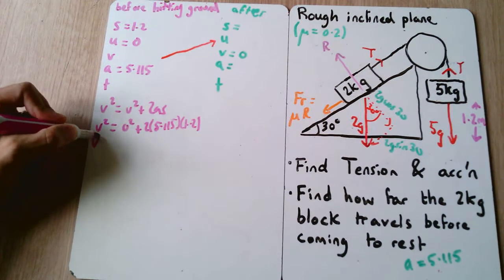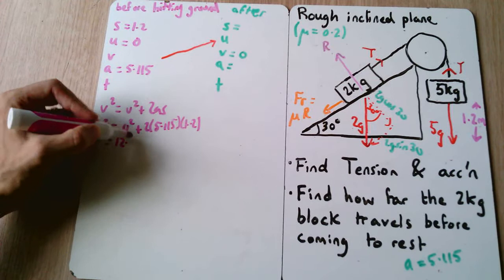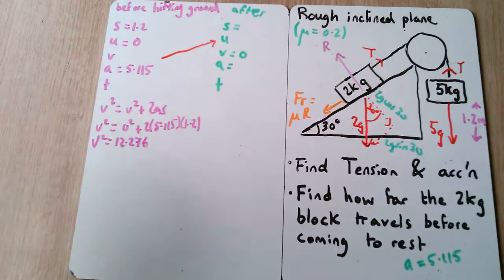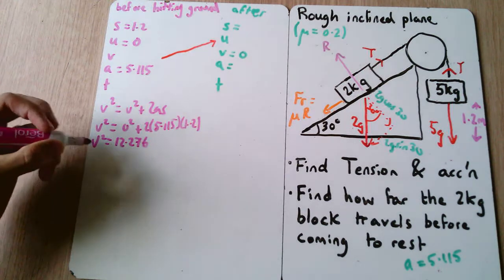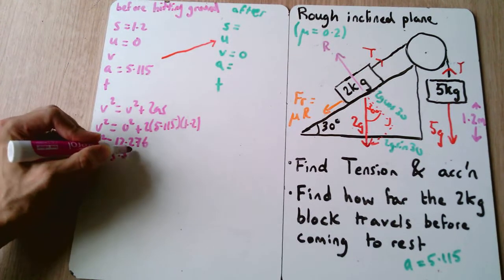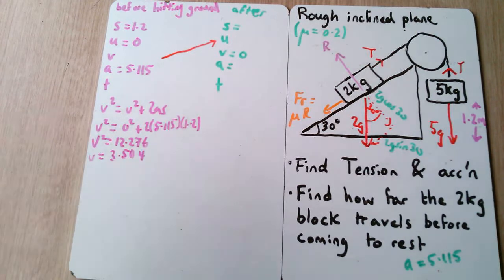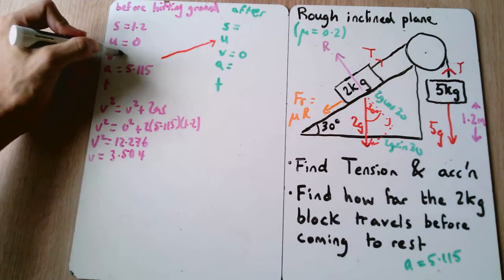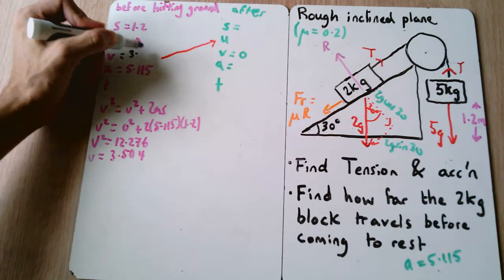So v squared is equal to 12.276. And if we square root that answer, you get 3.504. So v is equal to 3.504 meters per second. I'm going to write that in over here to show that we work this out afterwards. 3.504.